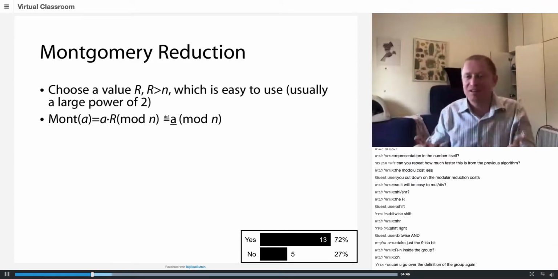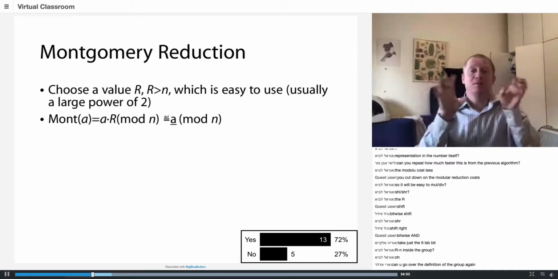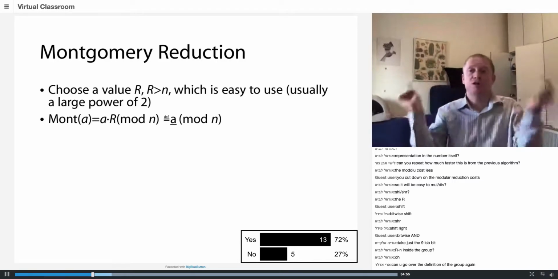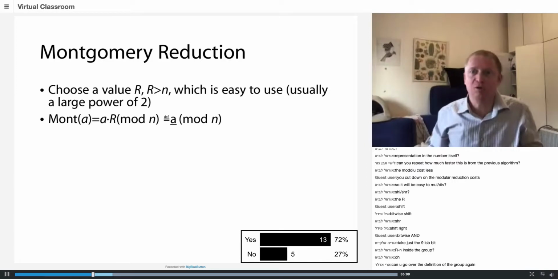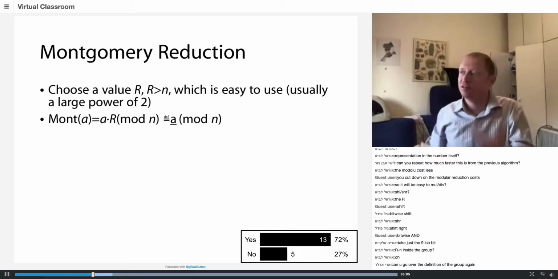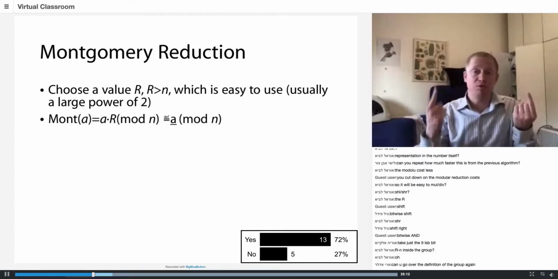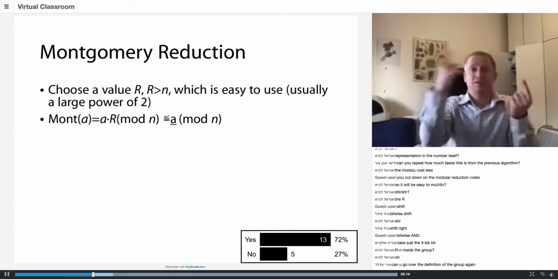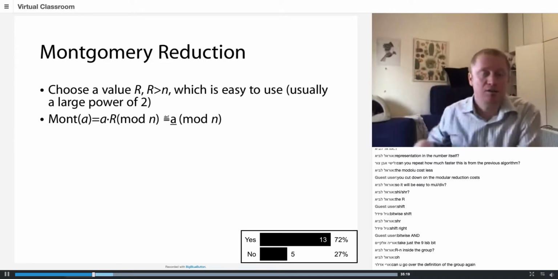The group is closed under multiplication, as I told you in the last meeting: every 2 elements I multiply from inside the group, the product stays inside the group. A is inside the group, and 2 is inside the group because 2 does not divide either P or Q, since P and Q are both odd. So A times 2 times 2 times 2, as many times as you like, is going to stay inside the group.